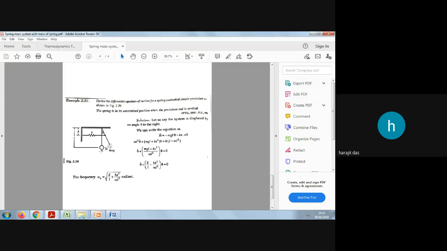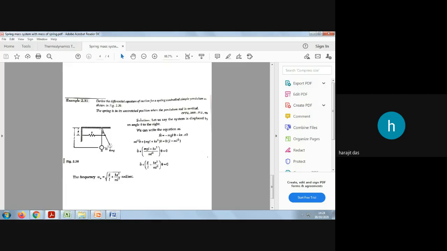As this is a pendulum, if you displace it, there will be one angular deflection, isn't it? You cannot displace it in a linear direction, because the length is L. If you displace it linearly, the length will increase, isn't it? So the length is restricted, constrained.